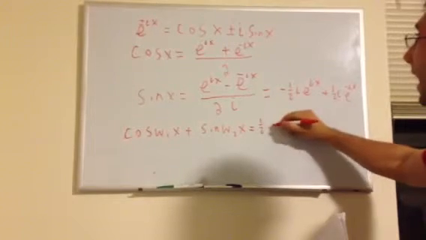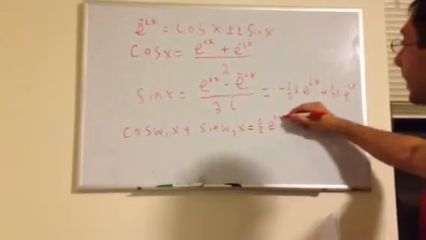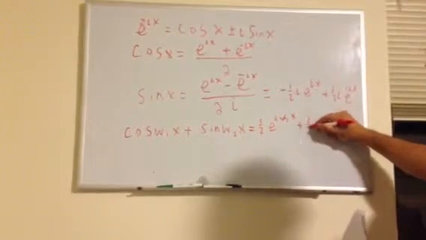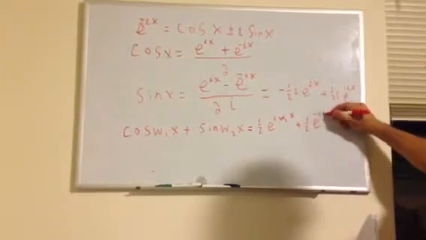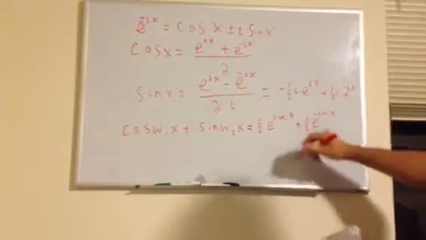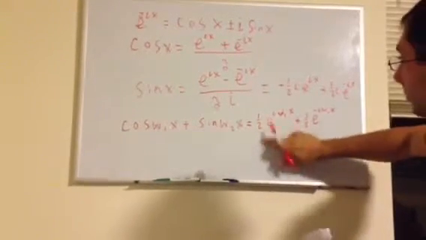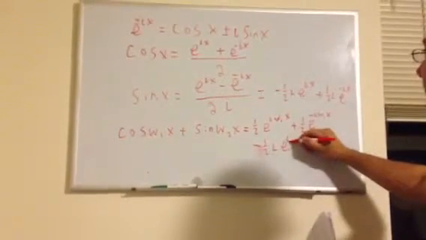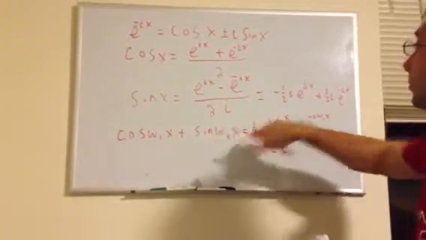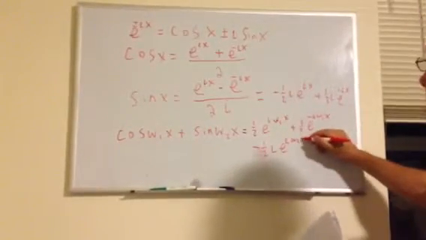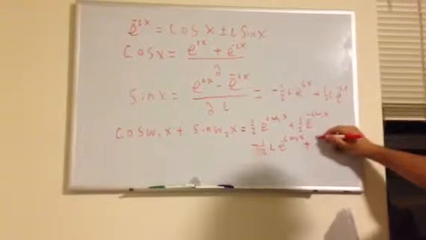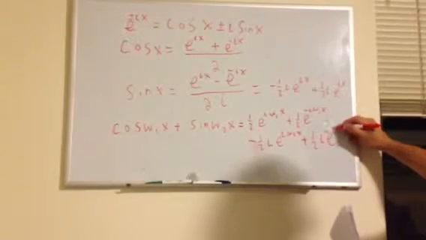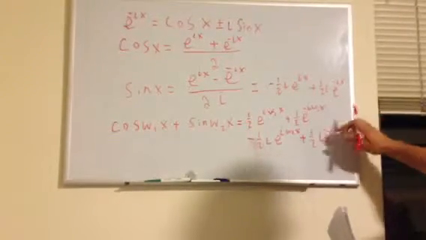So that's 1/2 e to the i omega 1x plus 1/2 e to the negative i omega 1x, minus 1/2 i e to the i omega 2x, plus 1/2 i e to the negative i omega 2x.